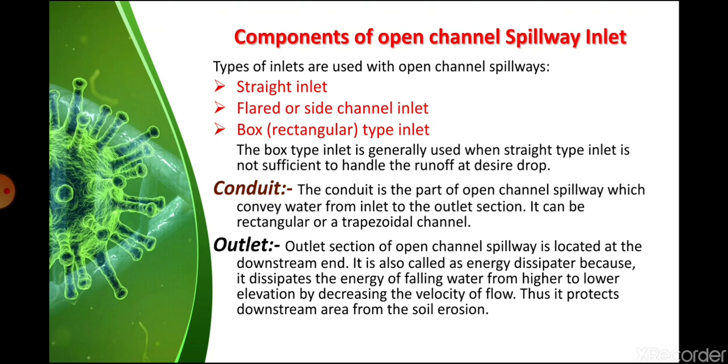So there are various kinds of inlet available for the open channel spillway. The box type inlet is generally used when the straight type inlet is not sufficient to handle the amount of flow.